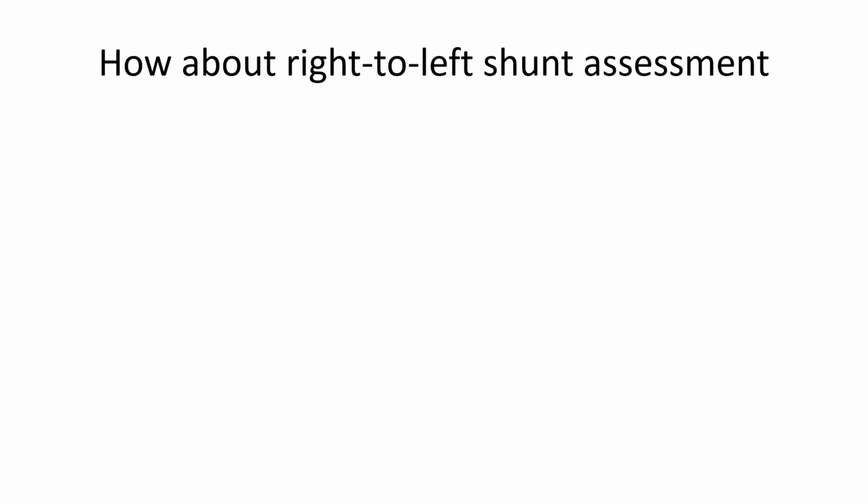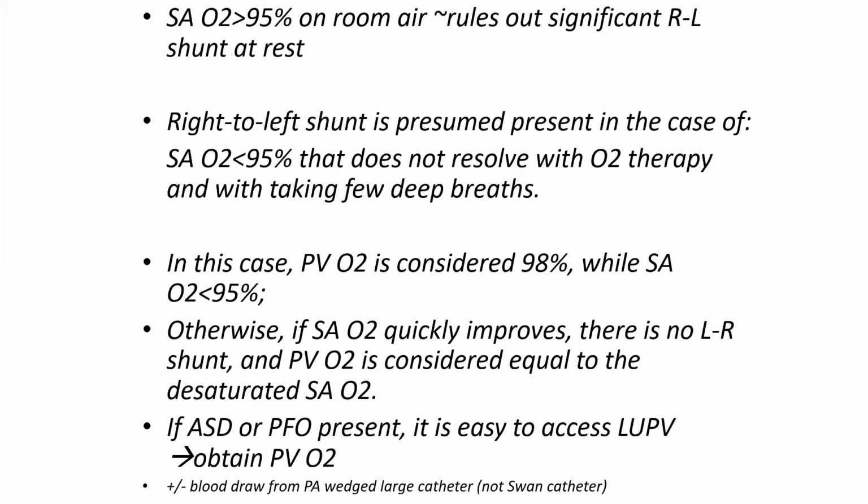Practically, though, we don't do pulmonary vein sampling. We only get aortic sat. So practically, we consider that there is a right to left shunt when the aortic O2 sat or the arterial O2 sat is less than 95%, without resolving with oxygen and deep breath.